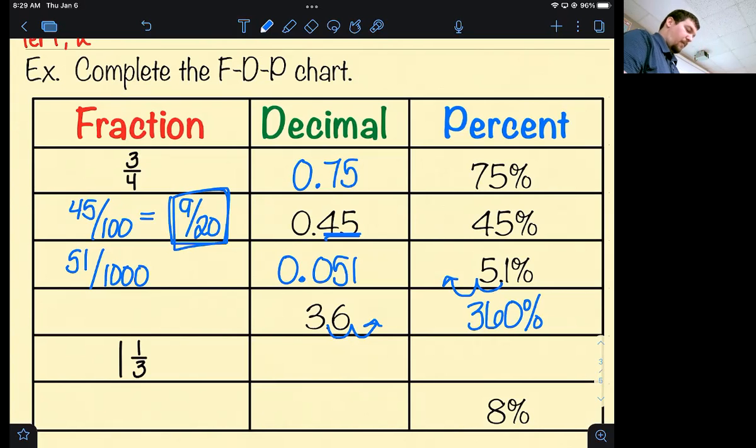Some of you score over 100% on your quizzes and tests pretty regularly because you get bonus questions right. So it happens. Now, to turn it into a fraction, this one's actually going to be a mixed number. This one's going to be a mixed number because there's a number in front of the decimal point other than just 0. So if you see a number in front of the decimal point, remember that's just going to go in front of the fraction. It's your whole number. What about 0.6?